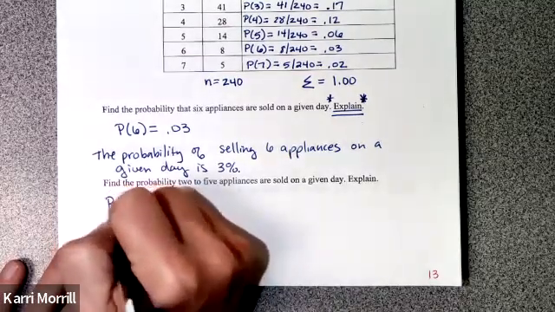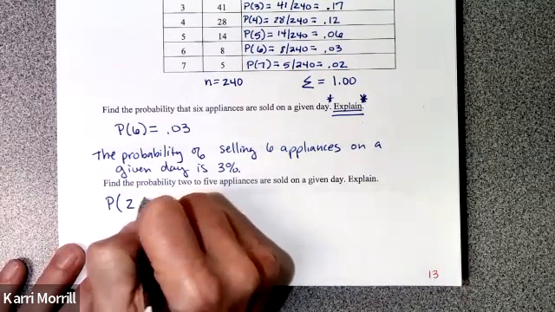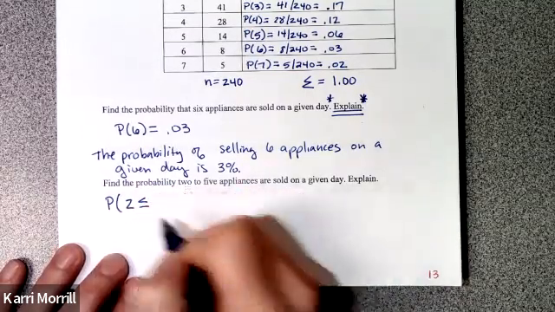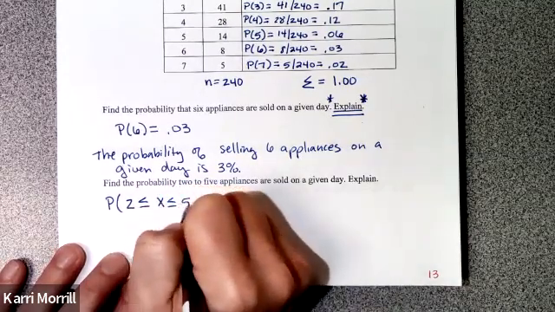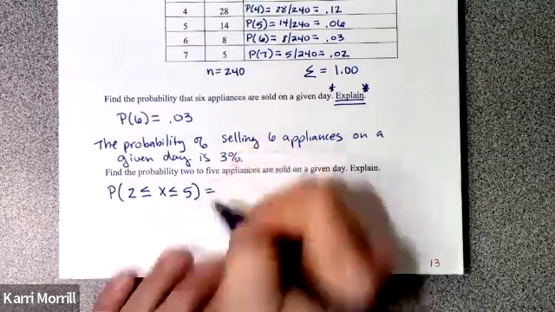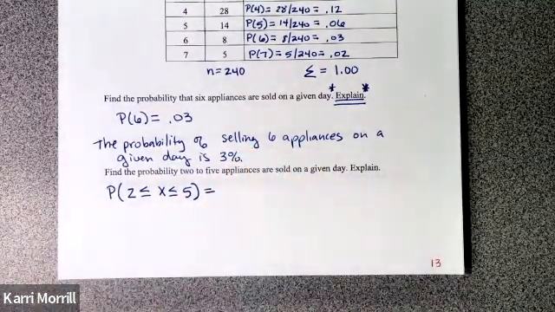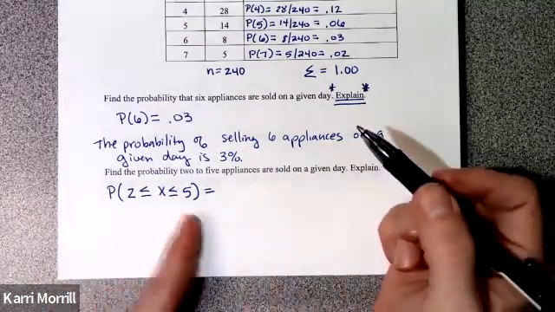So that would be like saying the probability of 2 is less than or equal to X, which is less than or equal to 5, because we are including 2. What that means is you're going to add all those probabilities together: the probability of 2, 3, 4, and 5.